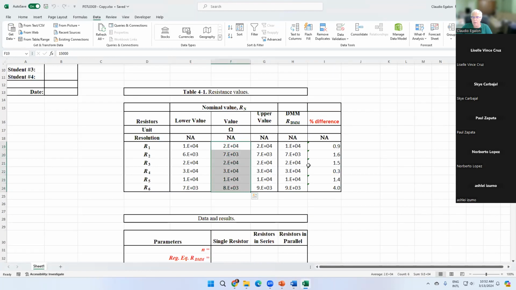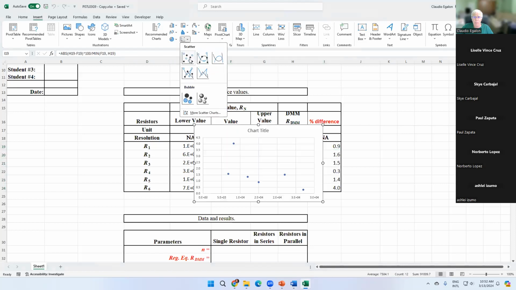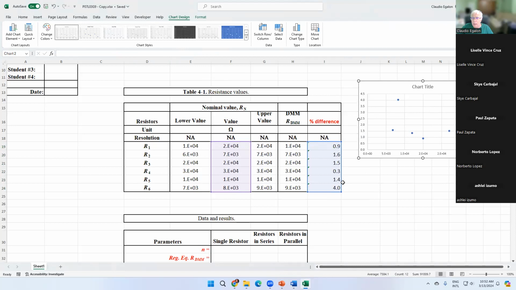And here you go. What you're going to get is that because those values are so close to each other, I got the wrong one. This one here. Okay, now I got it. That's for my spreadsheet. You can see this nice straight line because those values are very close to each other.